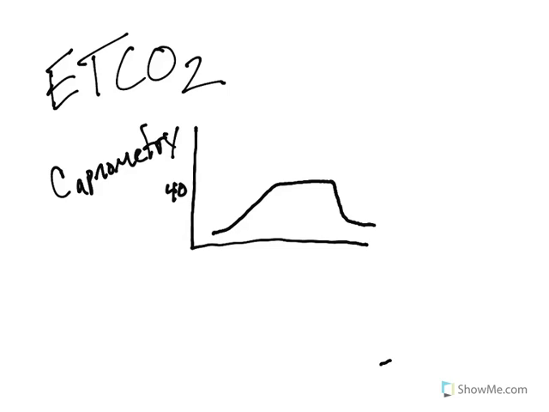At the peak of expiration, right? Here's your peak of expiration. Oh, that's terrible. What in the world was I thinking? Get rid of that. So at the peak, there we go.